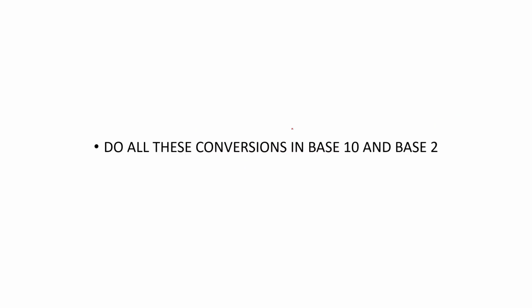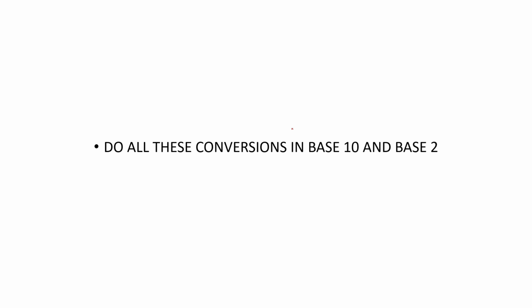Right, for the next conversions we want to do one in base 10 and one in base 2. For the first one, we want to figure out the power of 10.